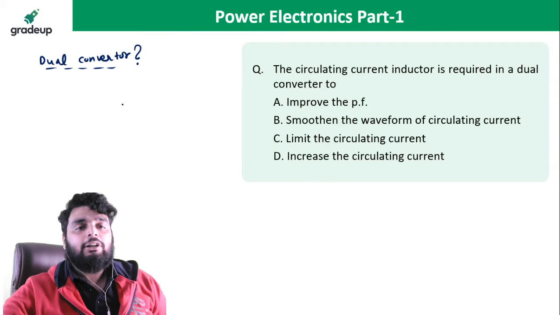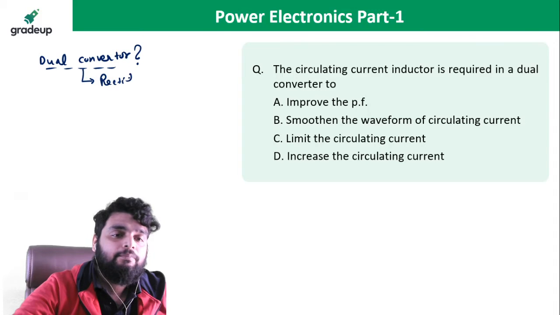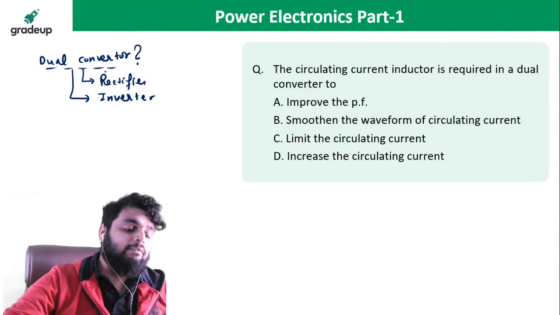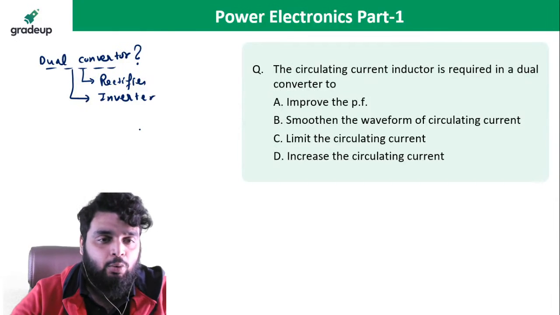So first of all, I will tell you what a dual converter is. A dual converter is a converter which acts like a rectifier, and it will also act like an inverter. Okay, a dual converter is a converter which can act as both rectifier and inverter.